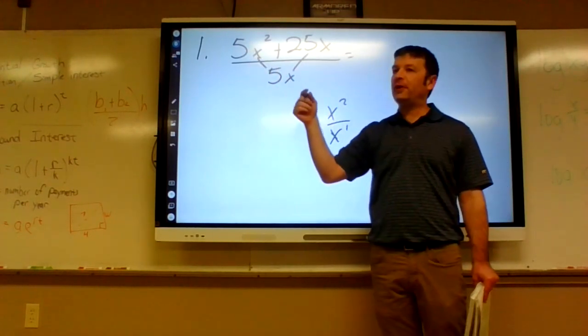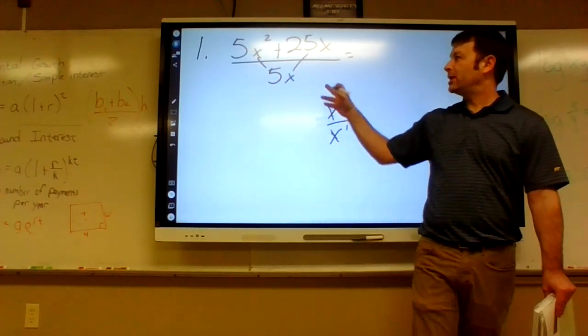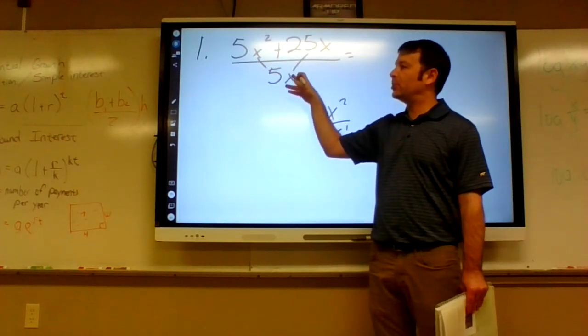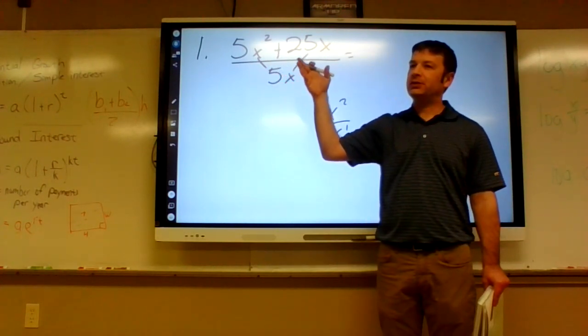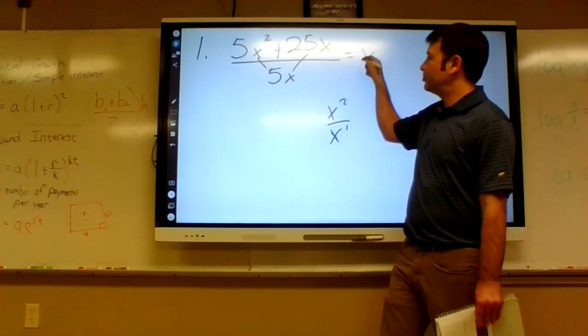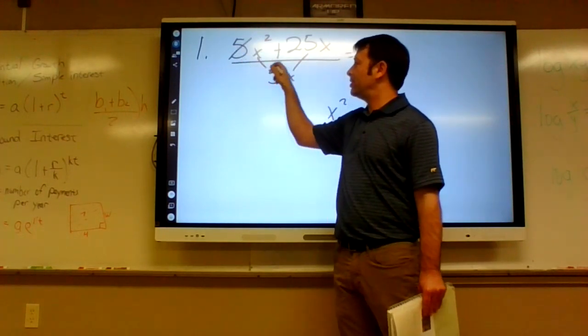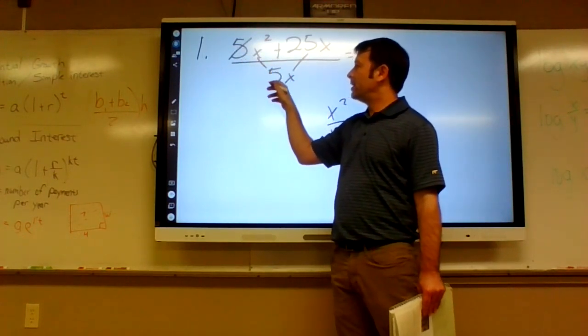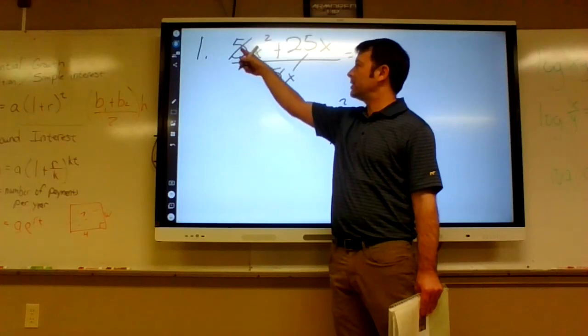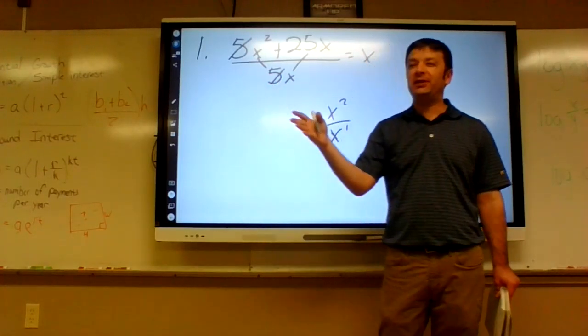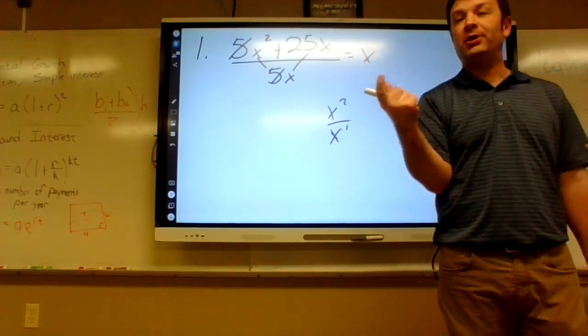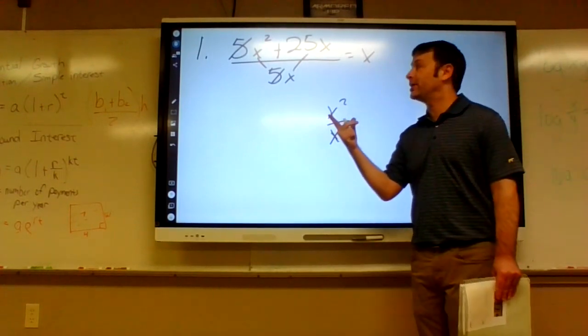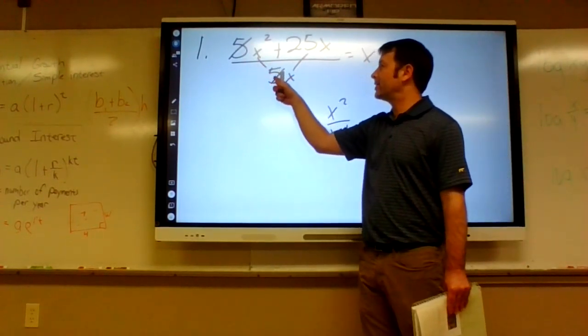So 5 divided by 5 was 1. X squared divided by x is x. 1x is just x. Normally when you get a 1, like 5 divided by 5, it just disappeared because when it became a 1 and multiplied to something else, it just went away. So basically the 5's canceled out there.